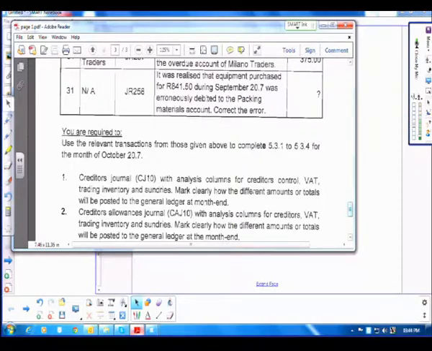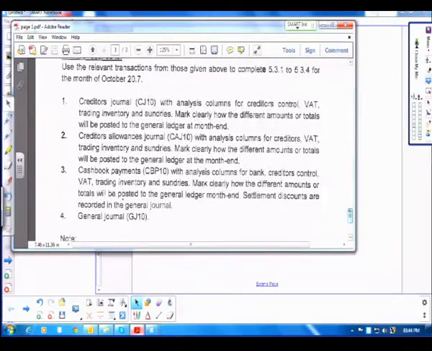So that's number one. It wants the creditors allowances journal, cash book payments journal, and general journal. So that's what the question is looking for. Because we've got so many journals, the assessment will not always ask you for all of them. You must just know how to determine where the transactions are supposed to go.